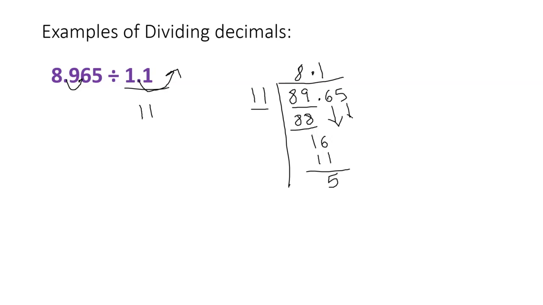Let's bring down our last number, which is 5. 11 can go into 55 5 times. Let's subtract and we get the remainder to be 0. There is no other number to bring down. Our quotient and answer will be 8.15.